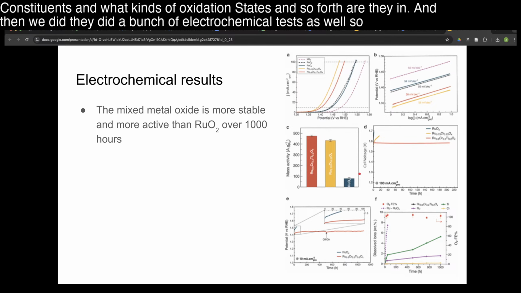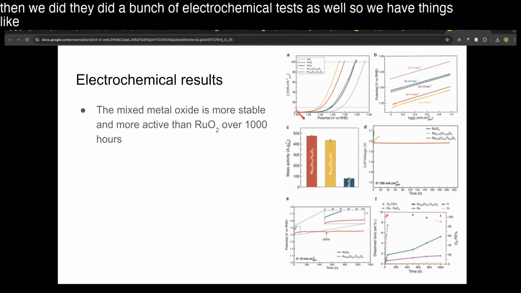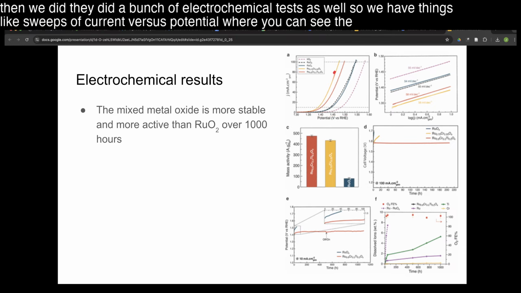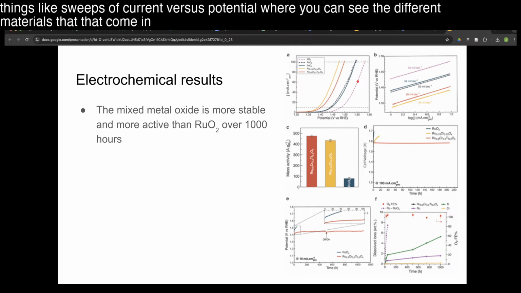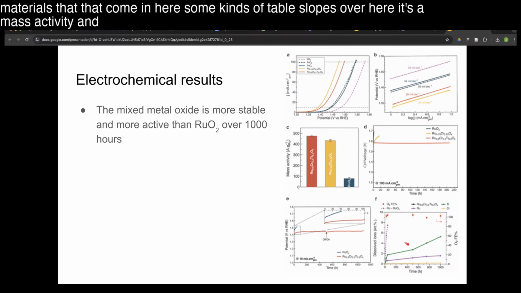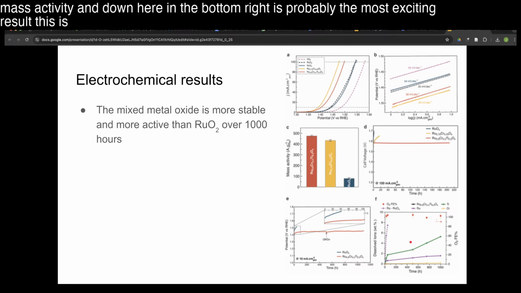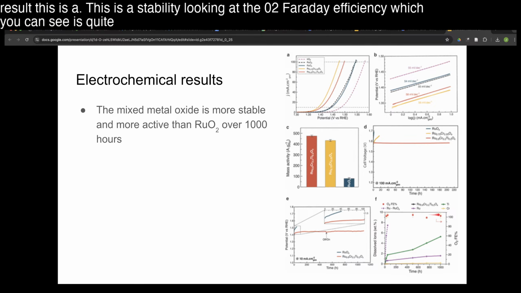So we have things like sweeps of current versus potential, where you can see the different materials that come in here, some Tafel slopes over here, some mass activity, and down here in the bottom right is probably the most exciting result. This is a stability test looking at the O2 Faradaic efficiency, which you can see is quite high for these.